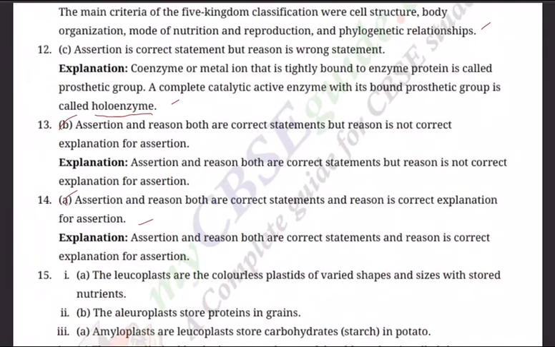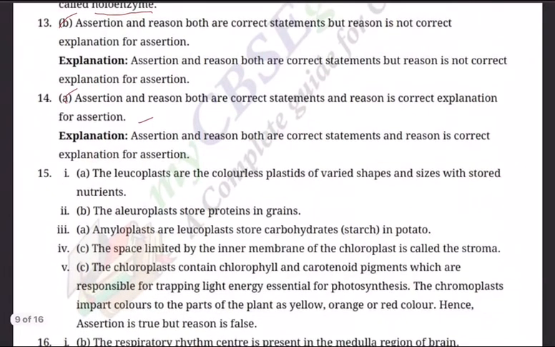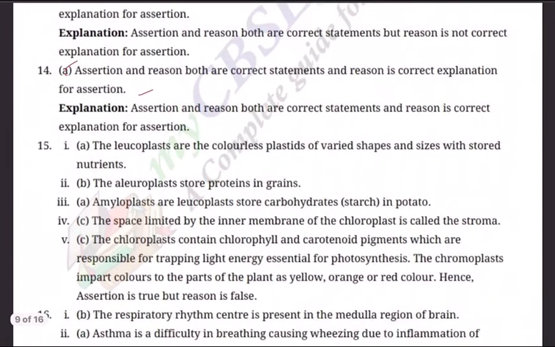Okay. Now question 15. As I said, questions 15 and 16 are case study based questions. There is one paragraph based on one concept and 5 questions below that. What is the paragraph?